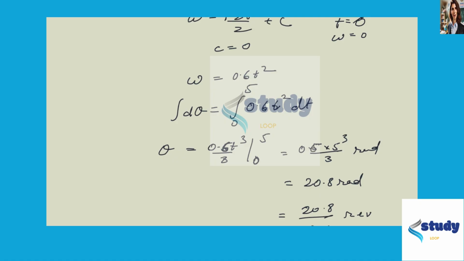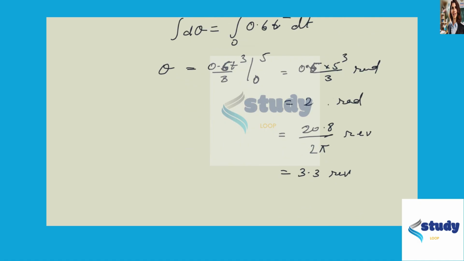It will be 0.6. And this will be 25, so 25 by 2 pi, and this is 4 revolutions, the angular displacement after 5 seconds.